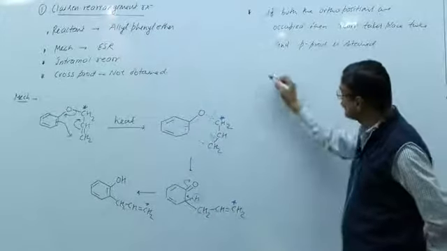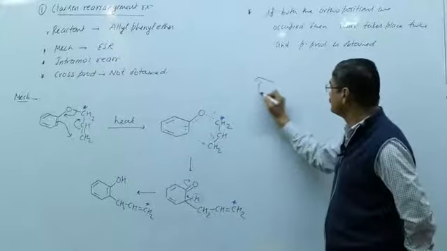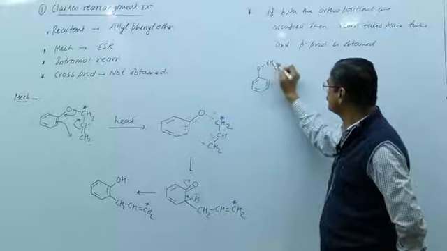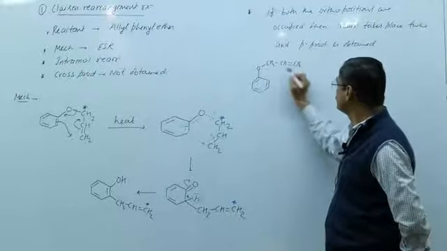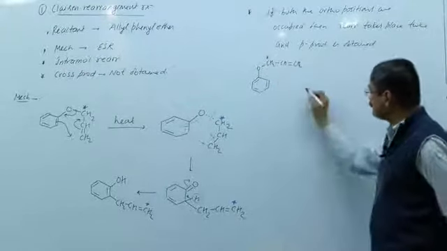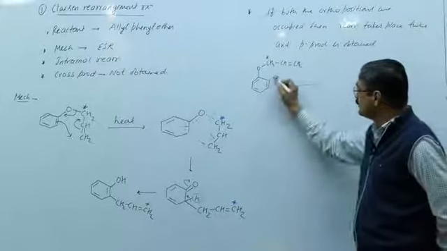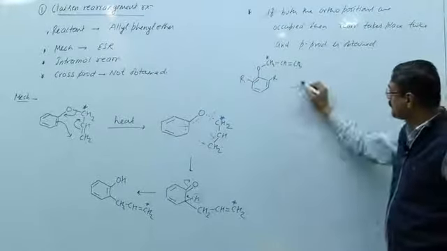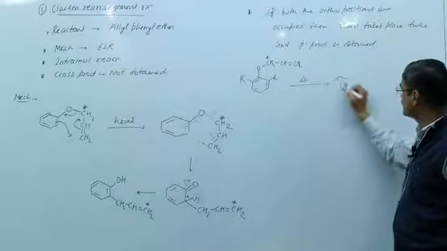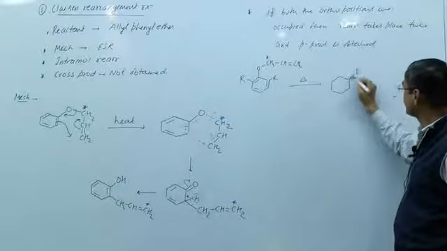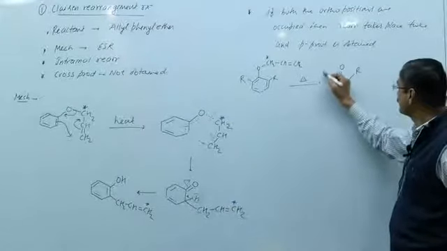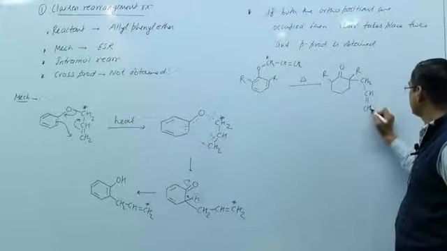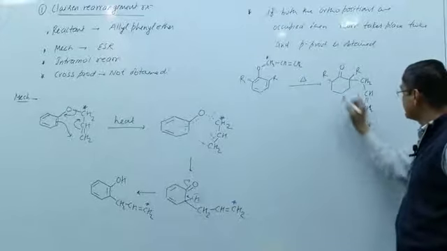So I take an example for this. Both ortho positions are occupied with some groups. On heating, the first rearrangement takes place at the ortho position. So the group is arranged like this.